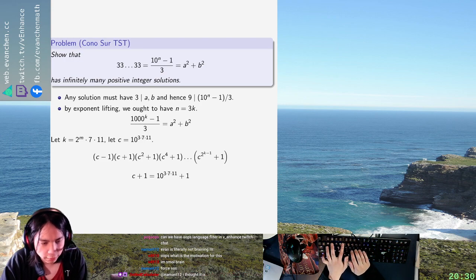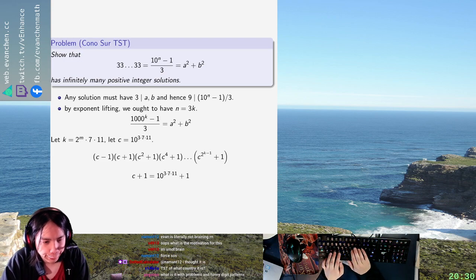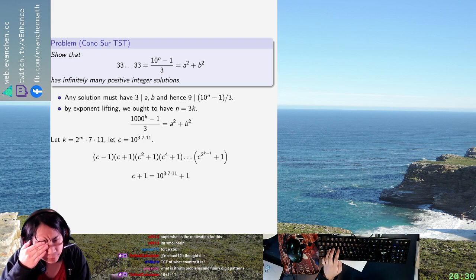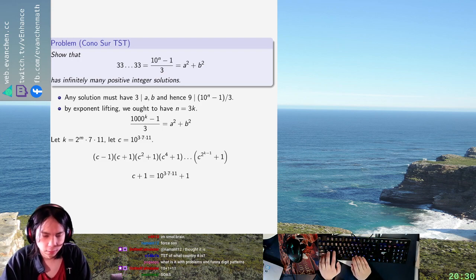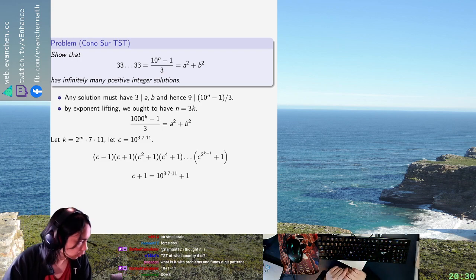Then I get c squared minus 1. So essentially, I want 10 to the 3L minus 1. Sorry, 10 to the 6L minus 1 to be a sum of squares for any value of L. That's the thing I'm hoping for.